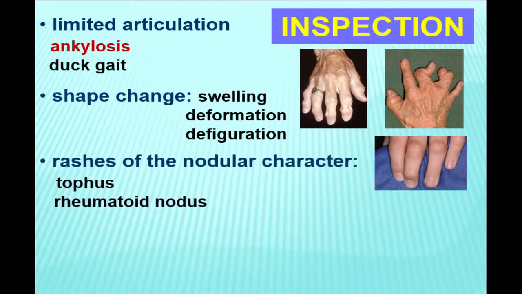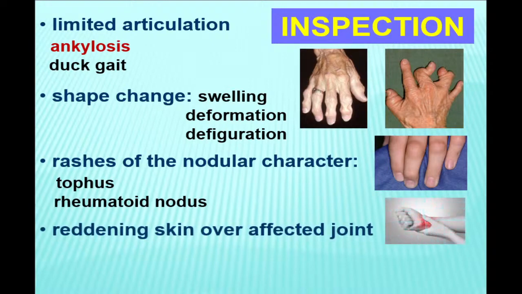Then we can see some specific formation near the joints: tophus, which is characteristic for gout, and rheumatoid nodule, some protrusion near affected joints. Later I'll show you more completely.